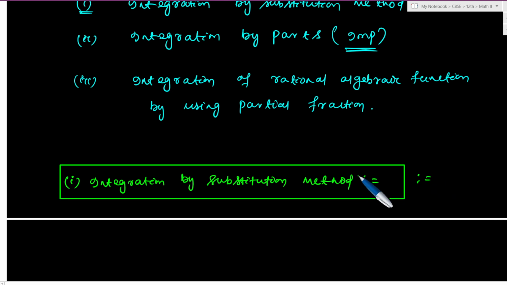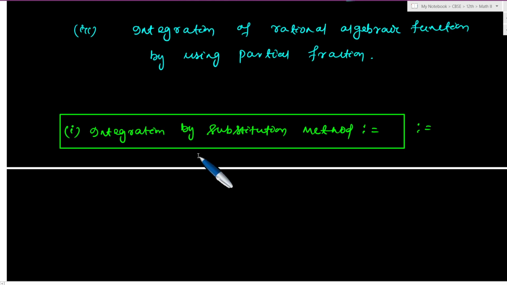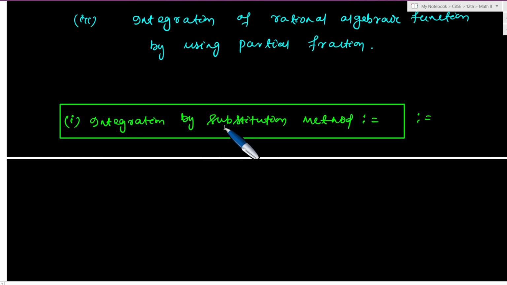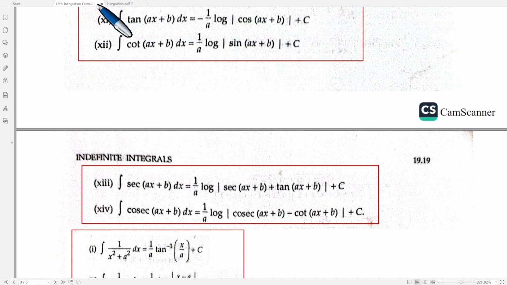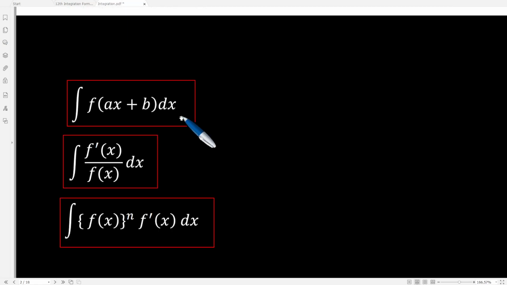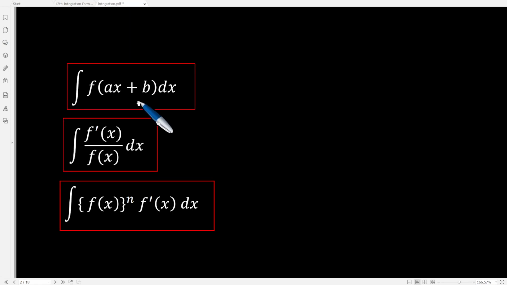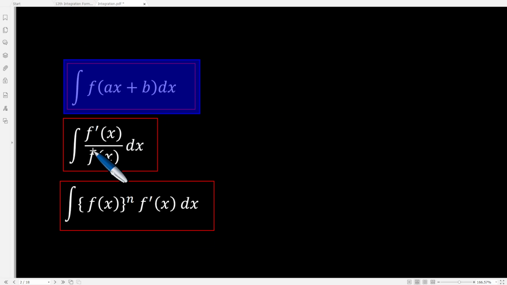This is a huge method actually. In this integration by substitution method, there are a lot of questions and a lot of forms. This is one kind of form, this is another kind of form.